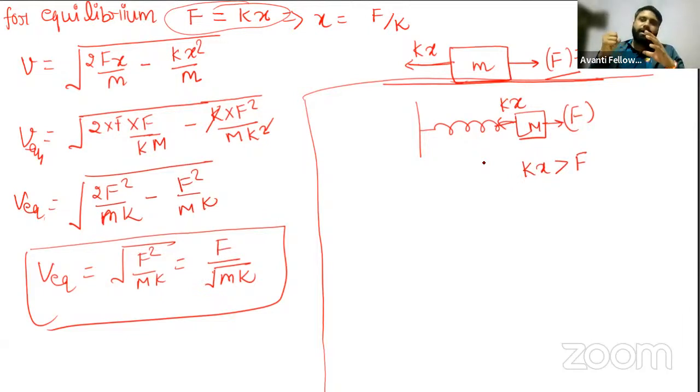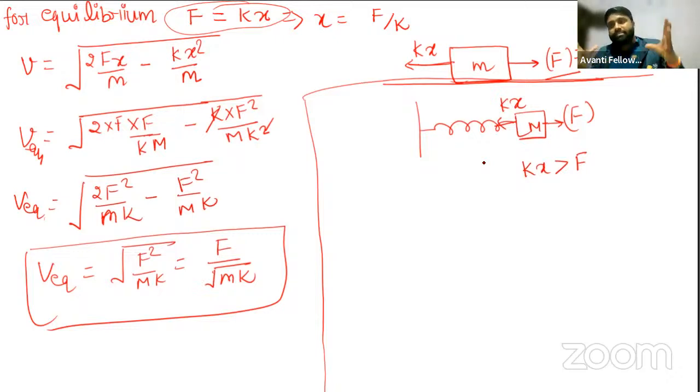This force that we are applying, that is capital F, keeps pulling this block further and further. And this spring force is continuously increasing because of F equals kx; it depends on the stretching.